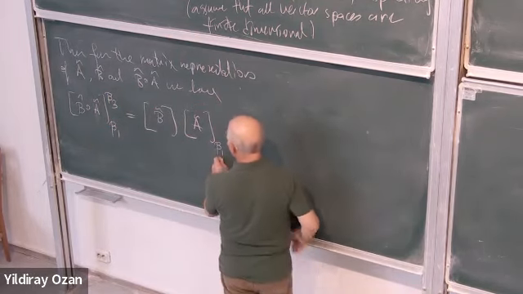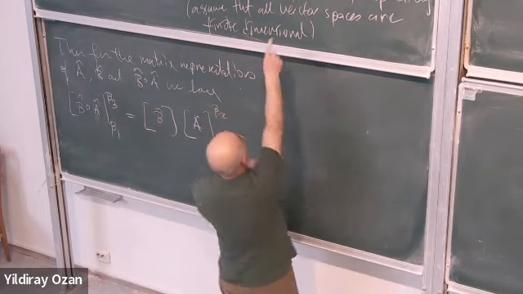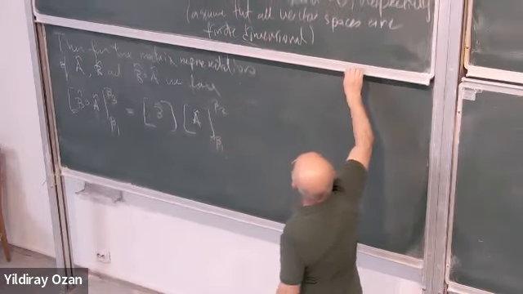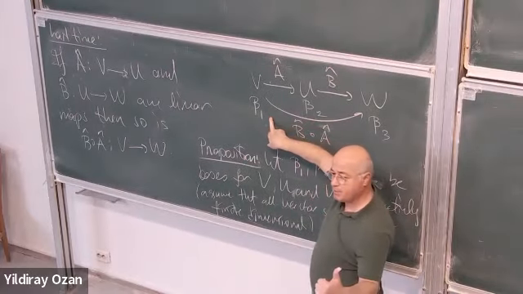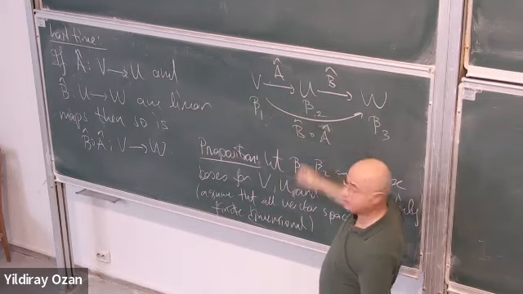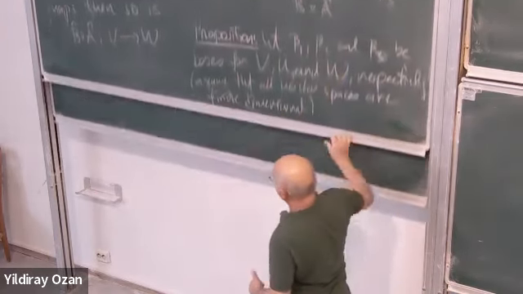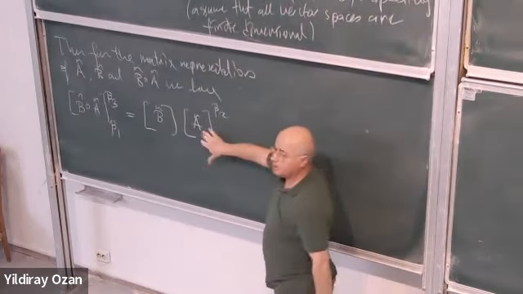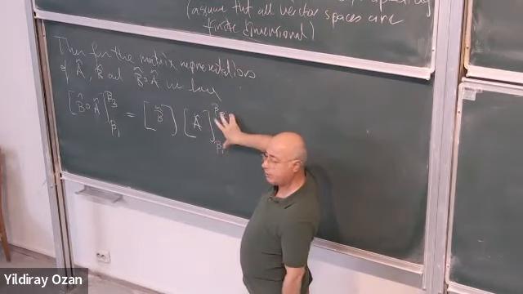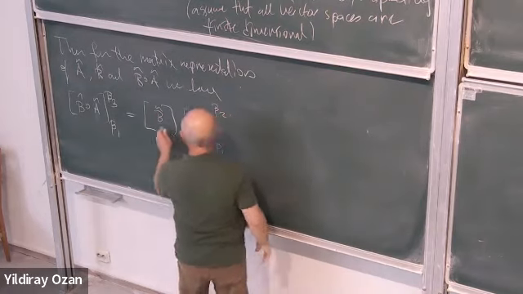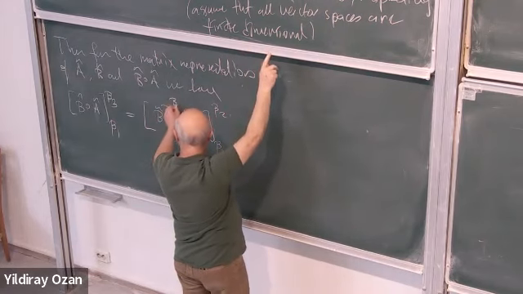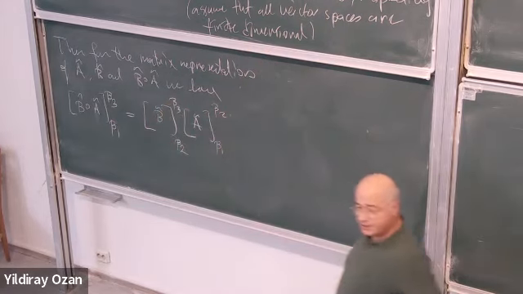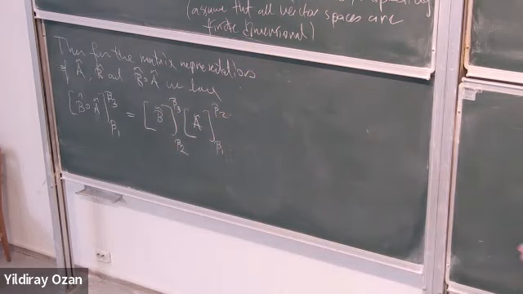First, I go from beta 1 to beta 2 via A, right? A is from U to V. So I have the matrix representation of A from the basis beta 1 to beta 2. And here we have B, which is from beta 2 to beta 3. So that's the formula, okay?